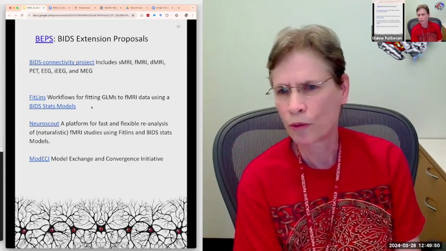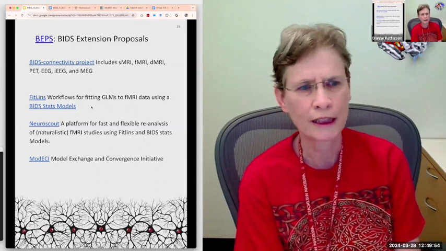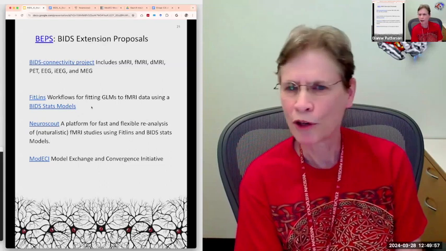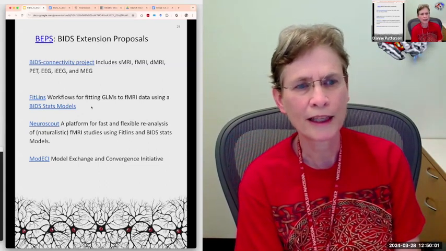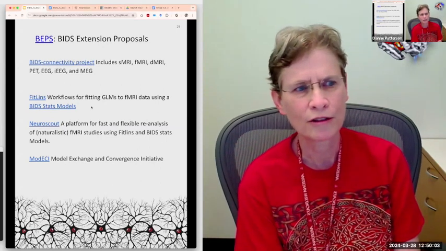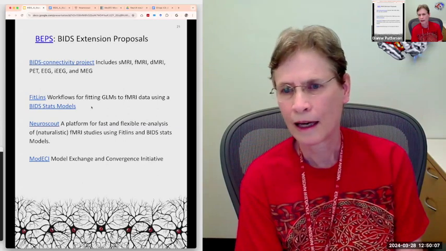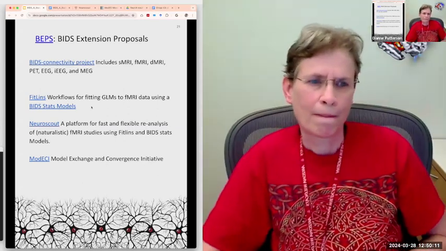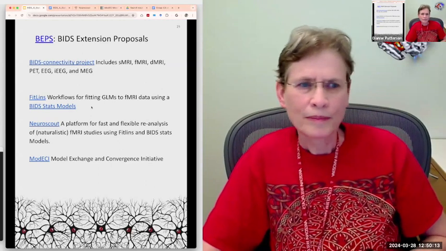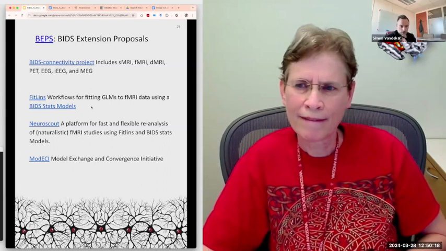So hopefully they're robust to other choices. But given where it comes from, the idea is you run fMRIPrep and then you can use the FitLens tool and the BIDS Stats Model. I think it limits you to doing GLM, right? But more to come hopefully on this. Okay, yeah, I'll check those out.